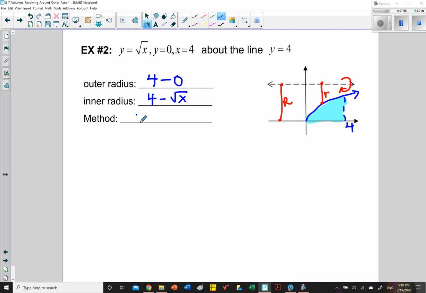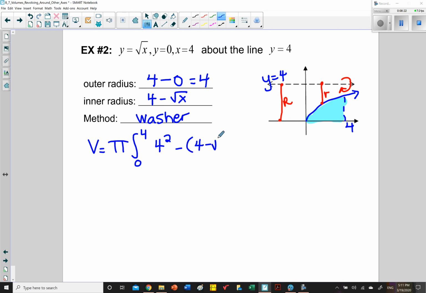And this is going to make a washer because we're not touching that dotted line axis of rotation, y equals 4. So volume is pi from A to B of the outer radius, that's 4 squared, minus 4 minus square root of x squared dx.